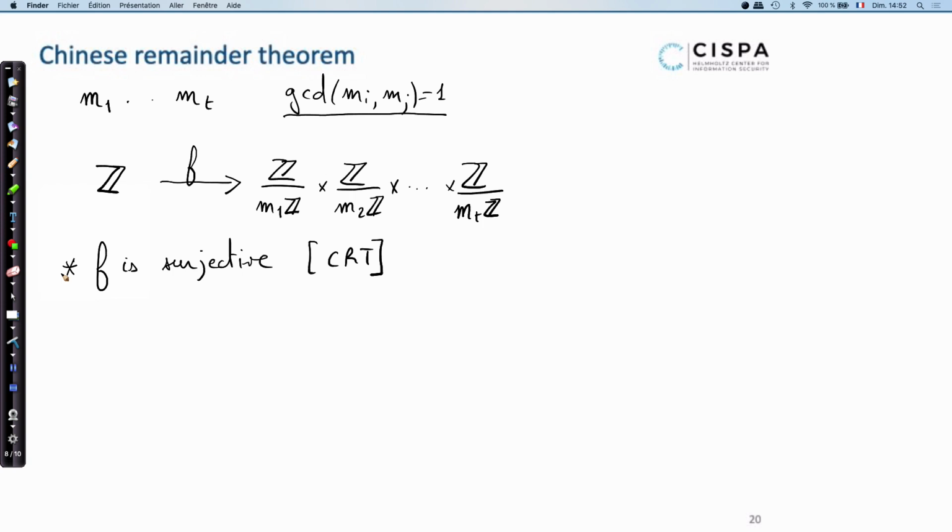So now we want to know what is the kernel of this map. So clearly m1 m2 ... mt, the product of all the numbers, is in the kernel.